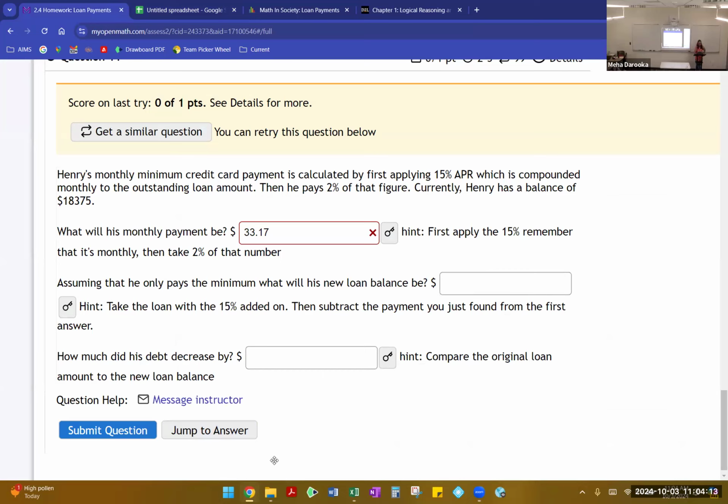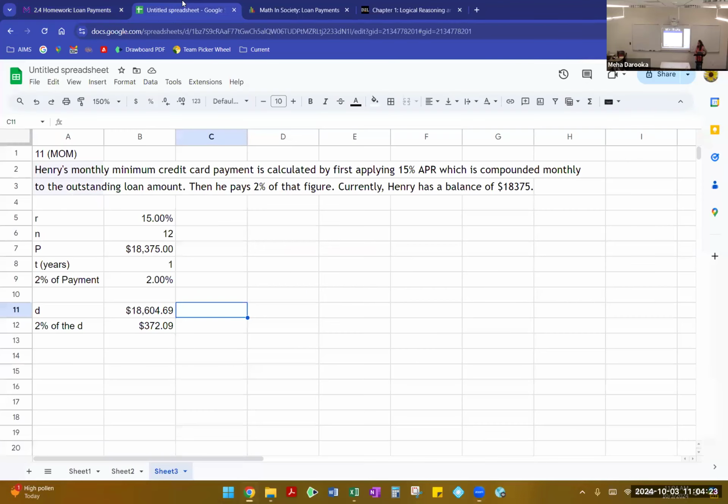The monthly minimum payment would not be more than the actual loan value. Well, but $372.09 is not more than the loan value.